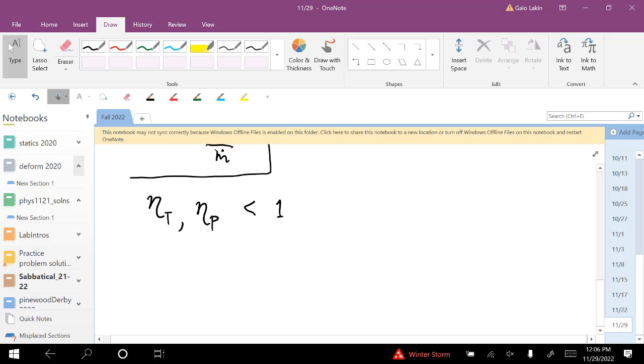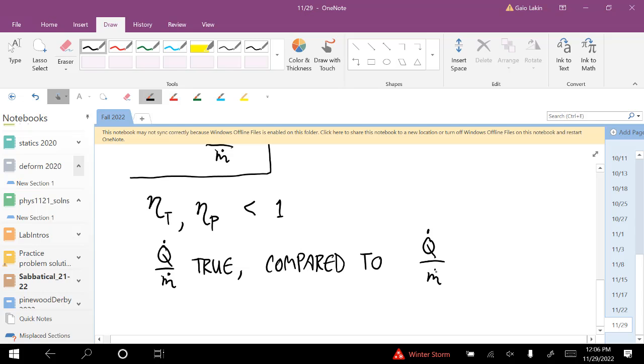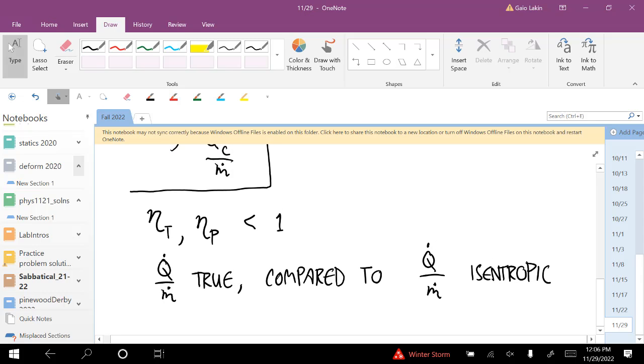And they relate to, you can think of it as Q dot over M dot true compared to Q dot over M dot isentropic. Okay, so if you think of it this way, you can always remember the way these ratios work.